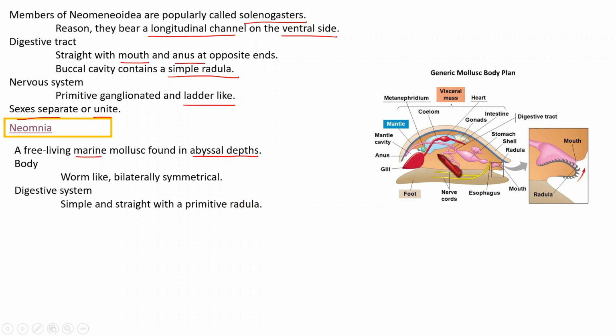Don't think this is the appearance of that worm, which is almost worm-like, without shell. This image is a typical molluscan picture, so don't consider that this is the appearance of Neomenia. I'm just going to show the appearance of the radula, so that is why I brought this picture here.